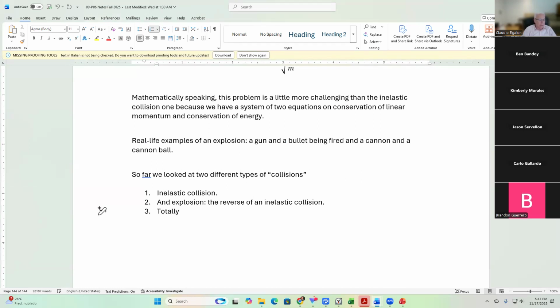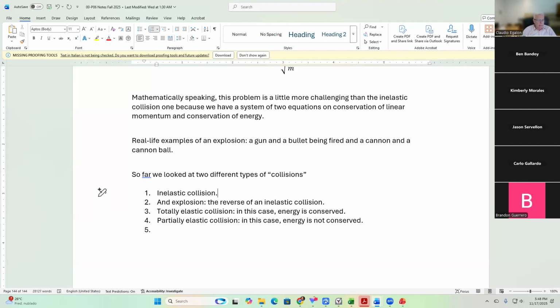The totally elastic collision. In this case, energy is conserved. And then we have also another type of collision, partially elastic collision, where energy is not conserved.